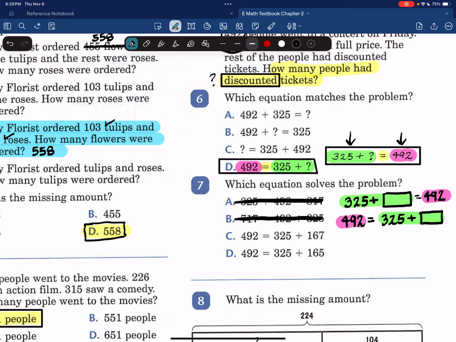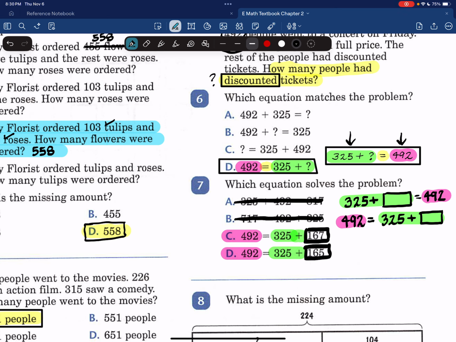All right, 492 in C and D by itself, so either of those could be the correct possibility. The 325 is in both of them, and it's being added. So the question is, which of these boxes is the right box?